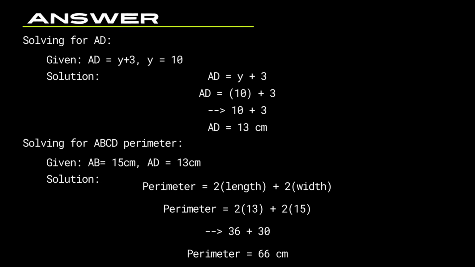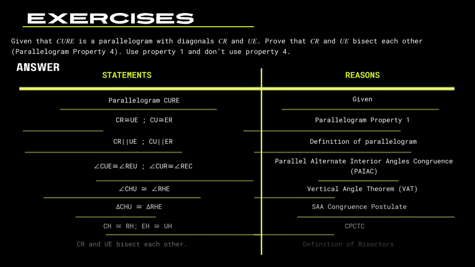Substituting our given values of length and width in the equation, we'll now have 2 times 13 plus 2 times 15. Simplifying this, we'll have 26 plus 30. And then adding them will give us the perimeter, which is 56 centimeters. Problem solved. Now, on to the next problem.